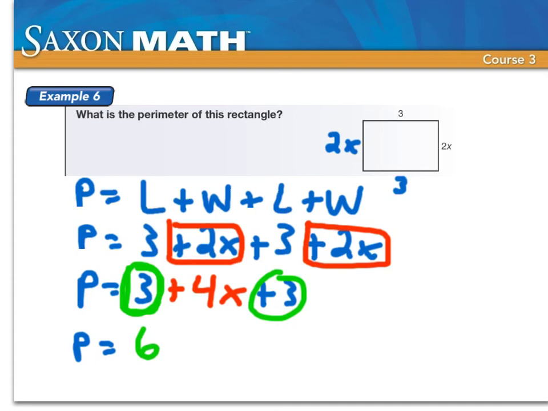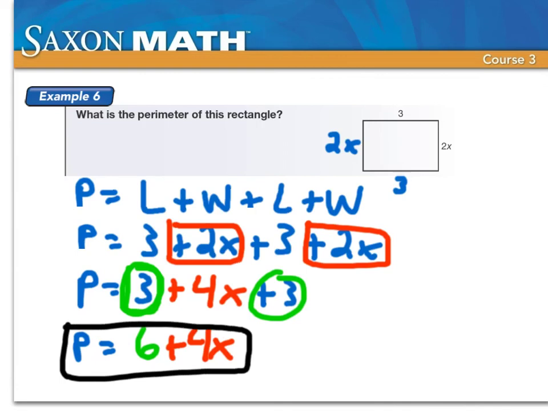And then I leave those plus 4x's alone. And I can't combine 6 and 4x's because my 6, there's no x's there. Okay, so 6 and 4x's aren't the same. Can't combine them. So that is my final answer. 6 plus 4x's is my perimeter when I add up all those sides.